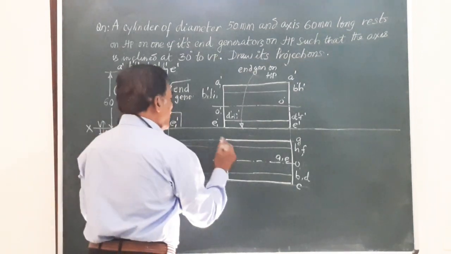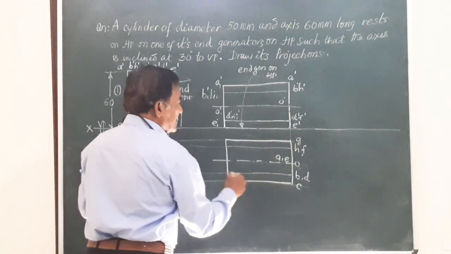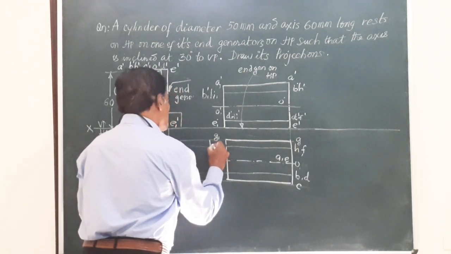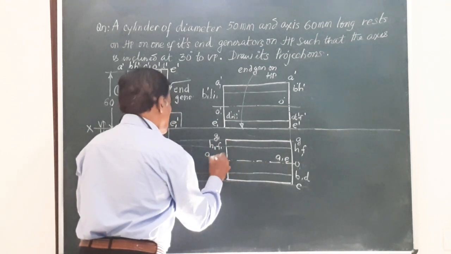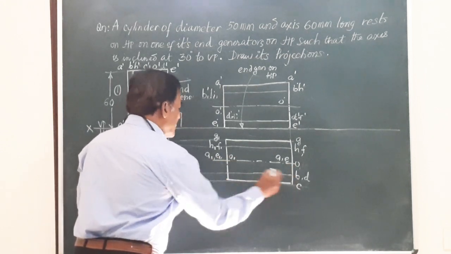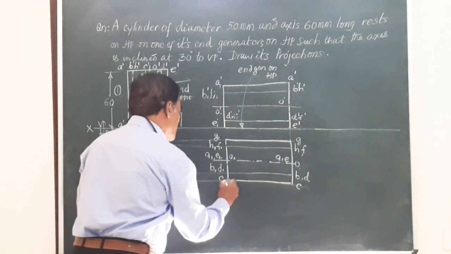Similarly for the bottom face, you have got these points, that is G1, H1, F1. Repetition of these: A1 comma E1 comma O1. O1 is the axis, and this is B1 comma D1. Last one is C comma C1.